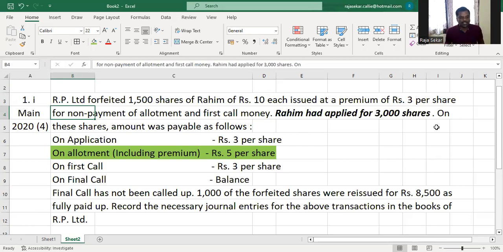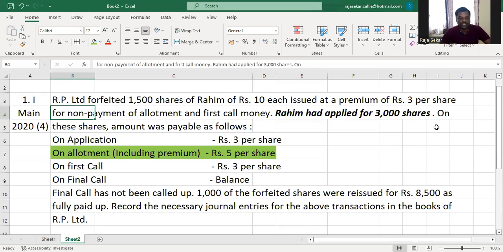If there is no excess application money, then it becomes a very straightforward problem. Rahim did not pay allotment money, so on 1,500 shares, you multiply 5 rupees per share and you get 7,500 as the total calls and arrears of Rahim from allotment, and then 1,500 into 3, 4,500 from first call would be the calls and arrears. That is so straightforward. But it is not a question of that kind.